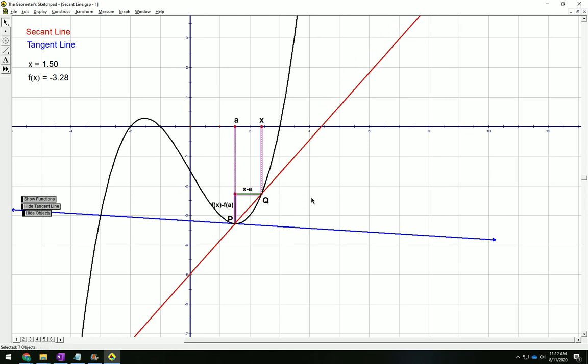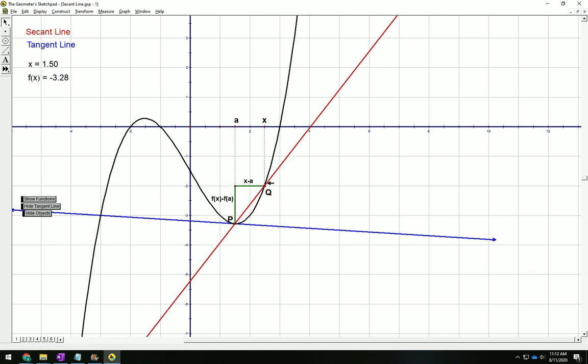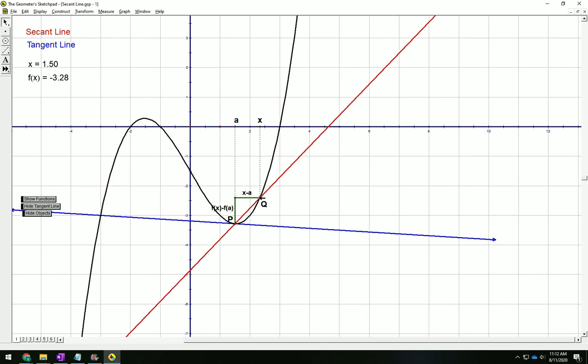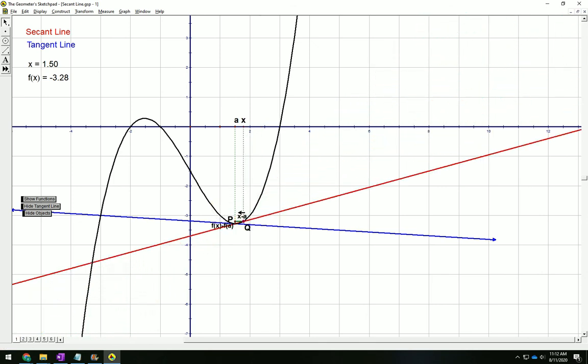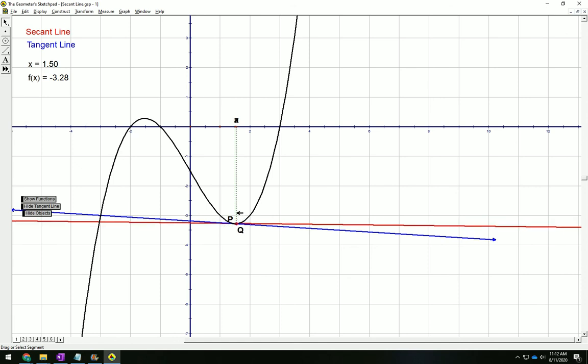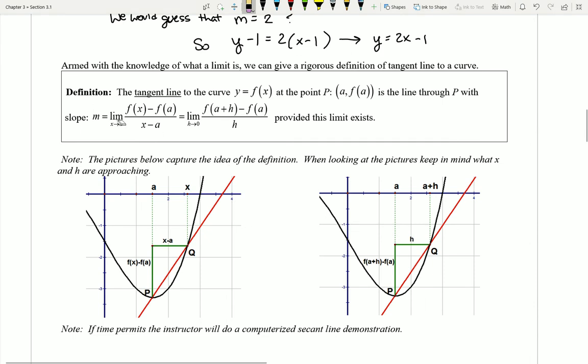And you can see that's what I have in this picture: we're taking that value of x, and notice up here, we're pushing it towards the value of a. And as we do this, as x gets really close to a, look how close they are, the slopes of these lines are almost going to match. So that's what we're shooting for. And so that's where this first definition comes from.